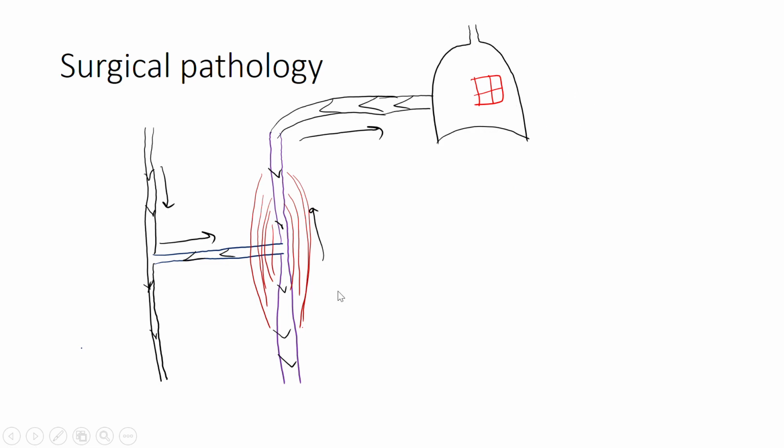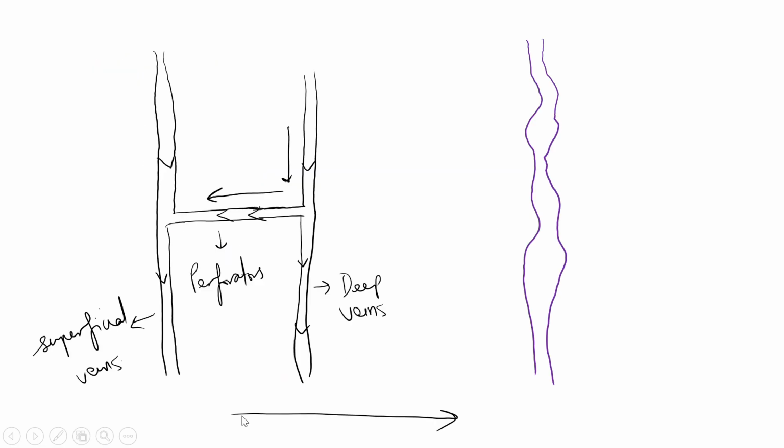There are so many factors involved in normal circulation. So from the superficial veins to the deep veins through the perforators, because of the muscle contraction and also the intrathoracic pressure, the blood reaches the heart. This is what normally takes place.